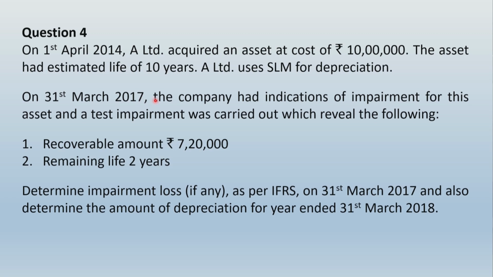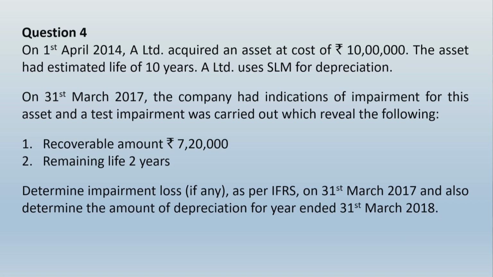On 31st March 2017, the company had indications of impairment for this asset and a test of impairment was carried out, which revealed the following: recoverable amount rupees 7,20,000 and remaining life 2 years. Determine impairment loss, if any, as per IFRS on 31st March 2017 and also determine the amount of depreciation for the year ended 31st March 2018.